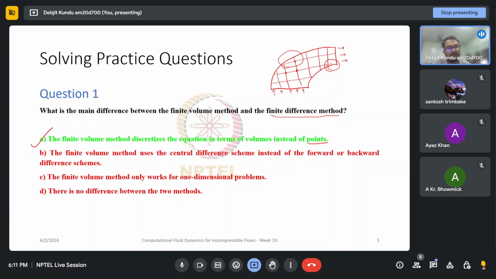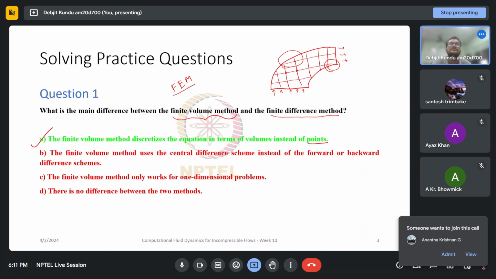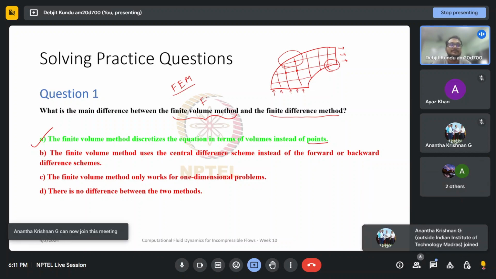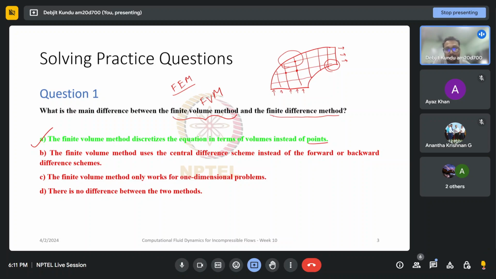All practical and real engineering or scientific problems would require you to use either a finite volume method, or another popular method known as the finite element method, or FEM. FEM and FVM are the two popular and well accepted ways in which commercial CFD is actually done.